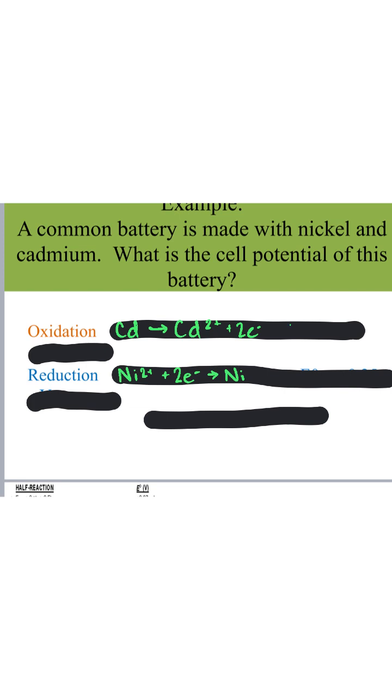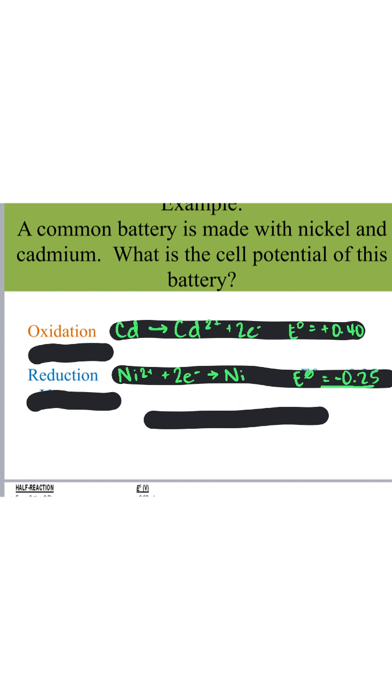If we look then at the cell potentials, cadmium is originally a negative 0.40, let me find it. Found it. It is usually a negative 0.40, but since we reversed the reaction, it's going to be a positive 0.40. And then nickel, because it's exactly the way it's supposed to be written, we're just going to keep it the same, so it's a negative 0.25.